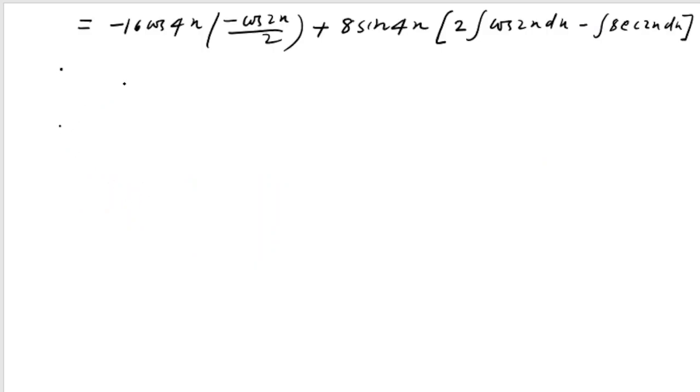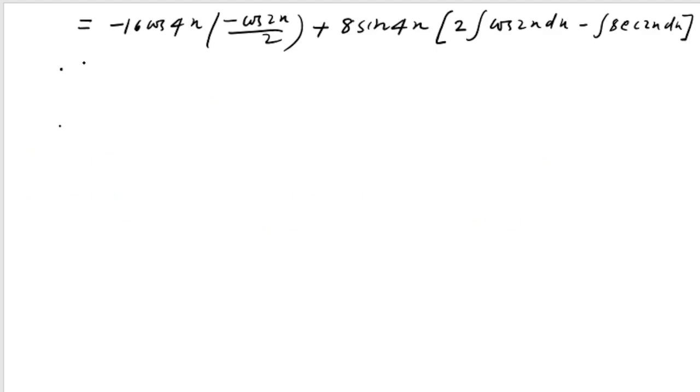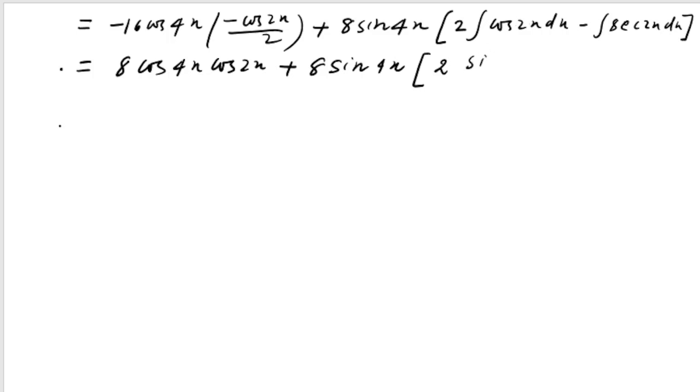So for our convenience, we already have copied the terms from here on this page, so this is exactly what we have got. Now proceeding forward, this minus and this minus will become plus, 16 and 2 will cancel, so I will get 8 cos 4x into cos 2x plus 8 sin 4x, and if you look at this integration, the integration of cos 2x is sin 2x by 2, right?